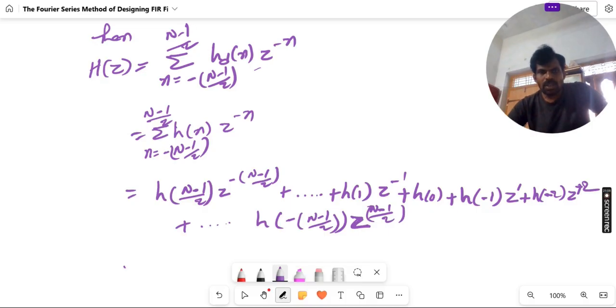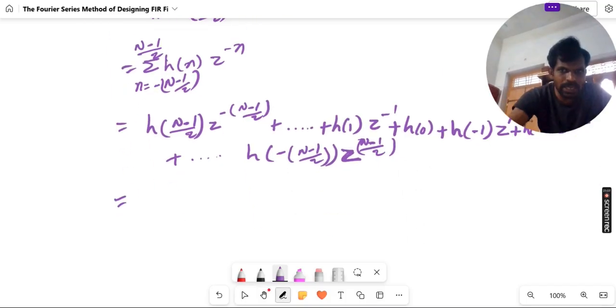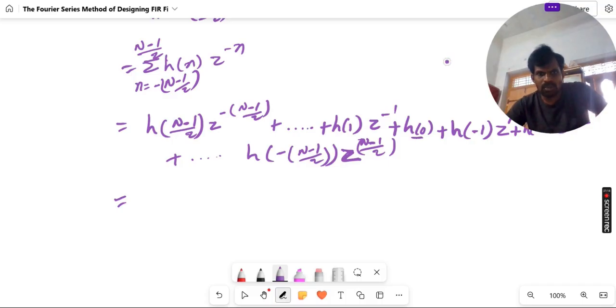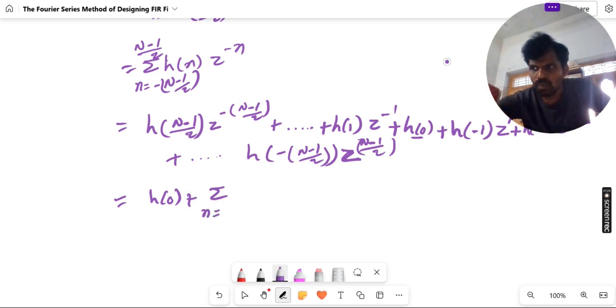Okay, now let us simplify that expression. In this expression we have the term h of 0. Let us write down that h of 0 term first, plus summation, where we take n equal to 1 to N minus 1 by 2.